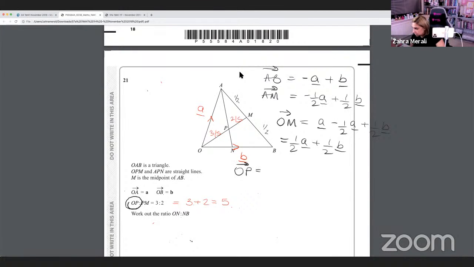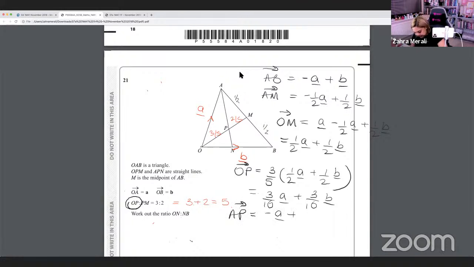So O to P is 3/5 of a half A plus a half B, which gives me 3/10 A plus 3/10 B. A to P is the same as A to O and O to P. So it seems really convoluted, but just find all the things you know, and it's going to slowly make sense. So we're going to get minus 7/10 A plus 3/10 B.